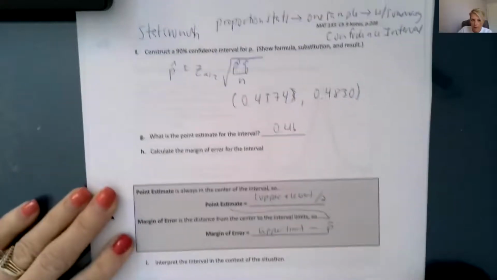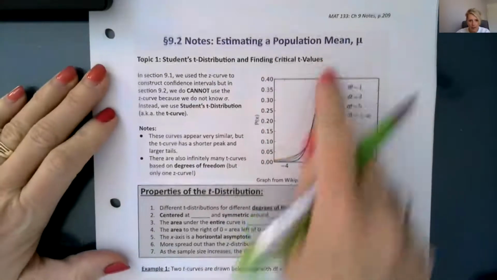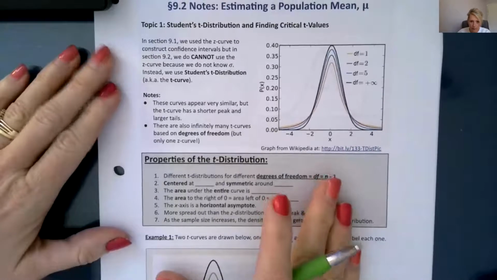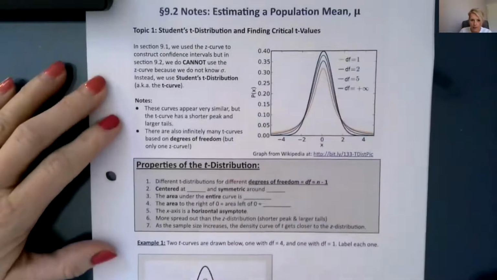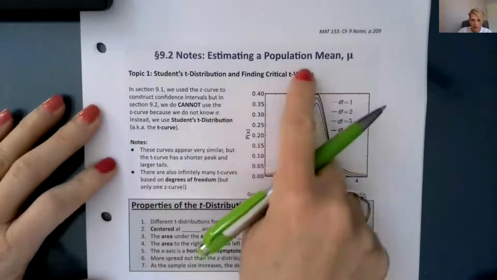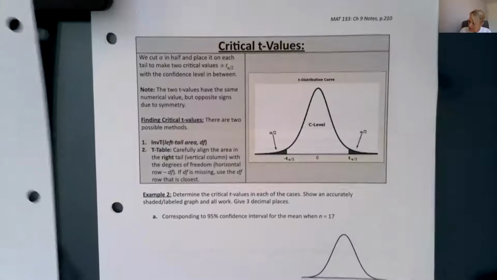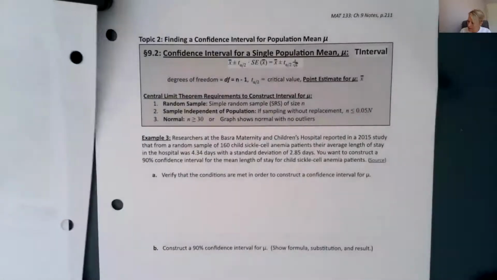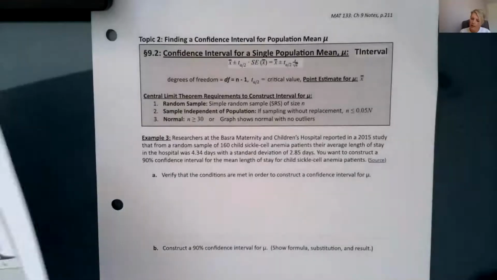So I'd also like to look at confidence intervals for population mean. You've watched this in a video as well, but I would like to do a couple of these using the t-distribution for means in StatCrunch. So let's go ahead and jump to page 211.